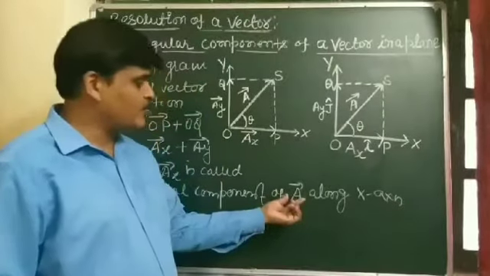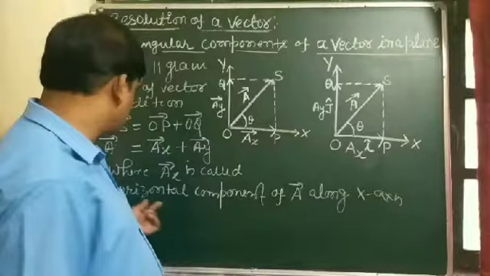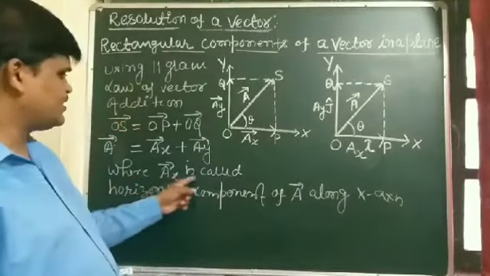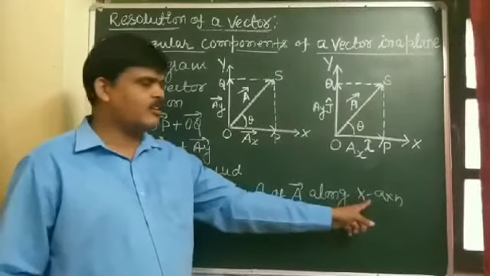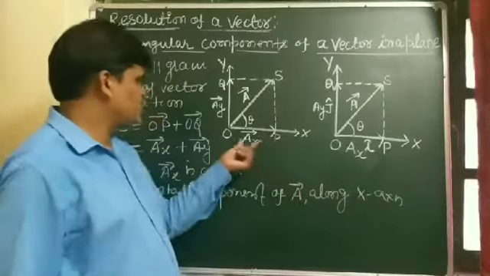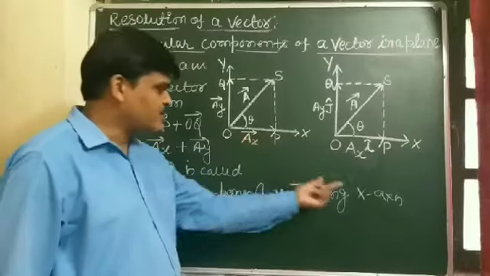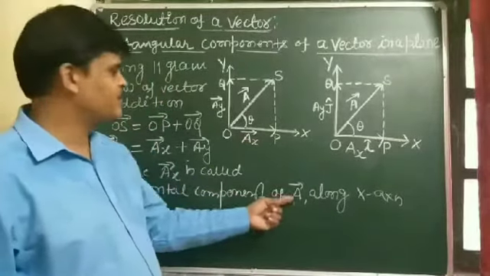So the component of vector A along the x-axis is also known as the horizontal component of vector A. So Ax is called the horizontal component of vector A, and it is along the x-axis. So Ax vector is called the x component or horizontal component of vector A.